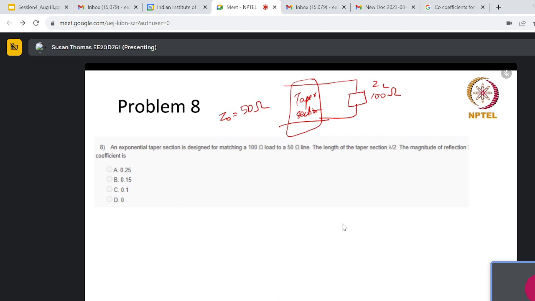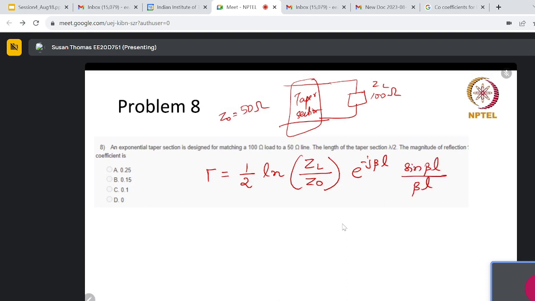So I hope you remember the equation for a taper section. The reflection coefficient is half ln of ZL by Z naught, e raised to minus j beta L, sin beta L by beta L. Okay. So we know the value of ZL as 100, Z naught as 50.